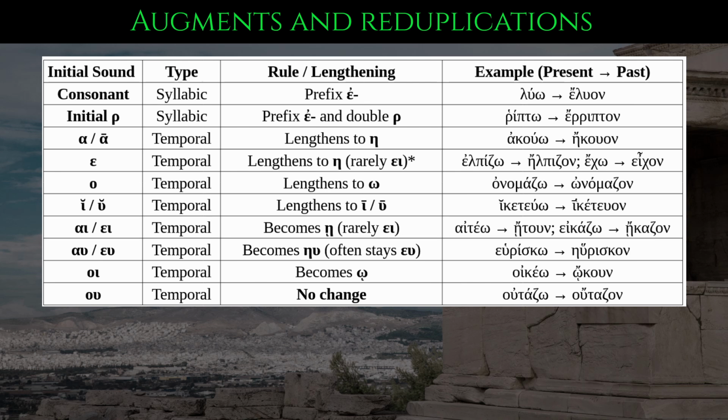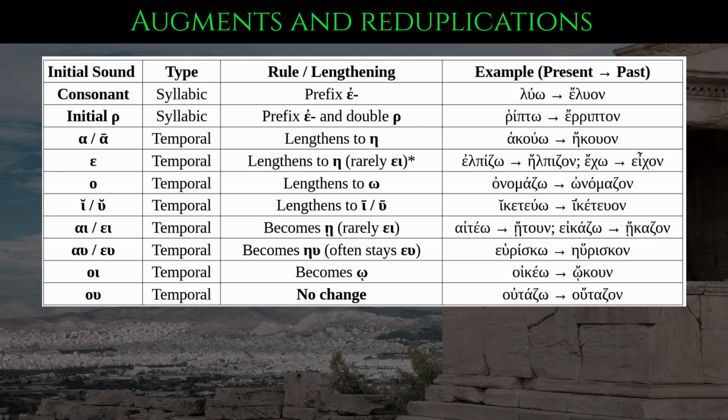This rare case usually happens because an original consonant, like a sigma, was lost between the augment and the stem, causing them to contract. But don't worry about this. Anyway, back to the examples. Here we have elpizo becomes elpizon. Similarly, echo becomes eichon.